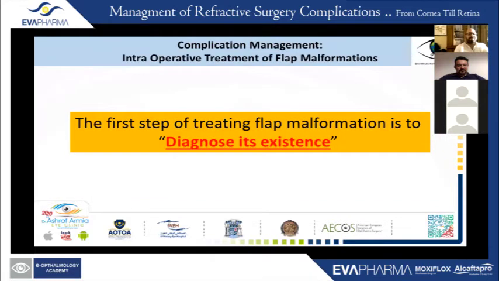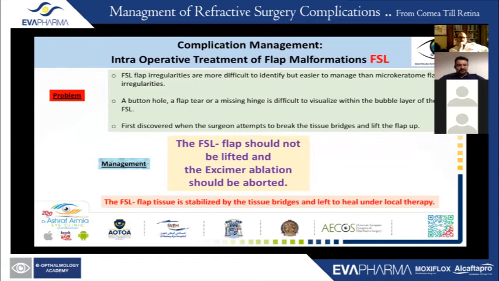Very important: the first step in treating any flap malformation is to diagnose its extent. If you ignore this, you are going to have more complications. I'm going to put the complication and the management.